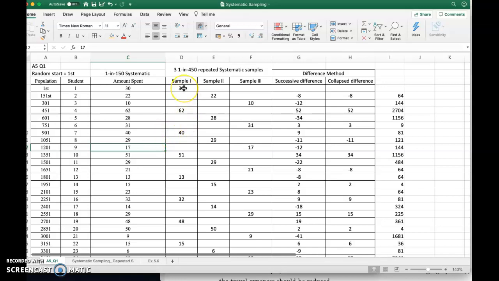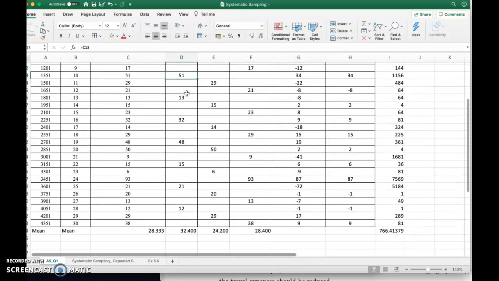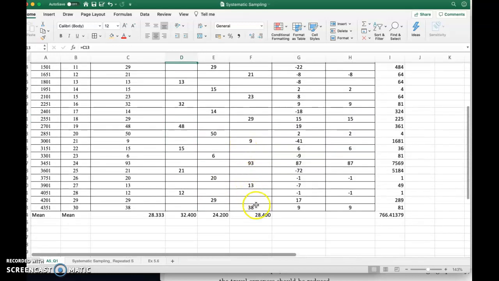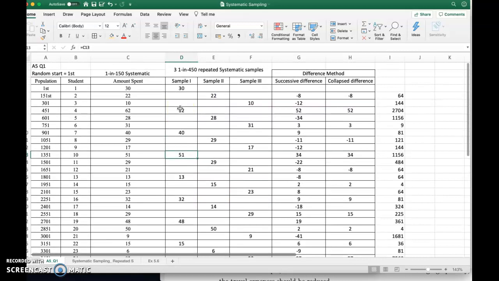Okay, so at the end of the day, I would have sample 1 having those values, and I would have 10 samples collected for sample 1, another 10 from sample 2, another 10 for sample 3. So at the end of the day, I am still having 30 samples from the population, same as the one systematic sample. But I just divide it into 3 repeated systematic samples, and each of them would be 450 apart.